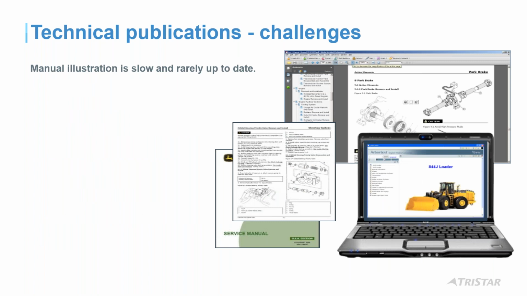So what is the need for a software like Creo Illustrate? Typically when users are creating content for technical publications, manuals, parts lists, and so on, sometimes that illustration process is slow and it's very, very difficult to keep it up to date.